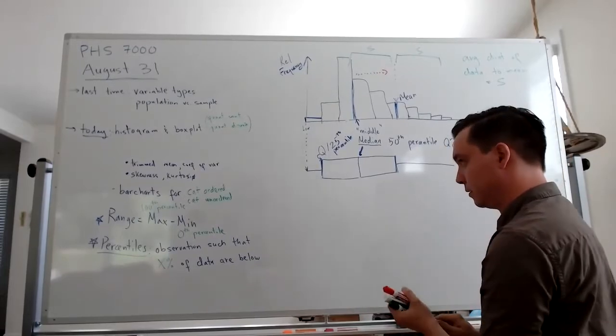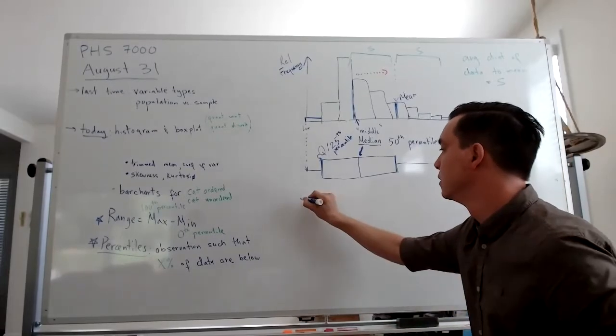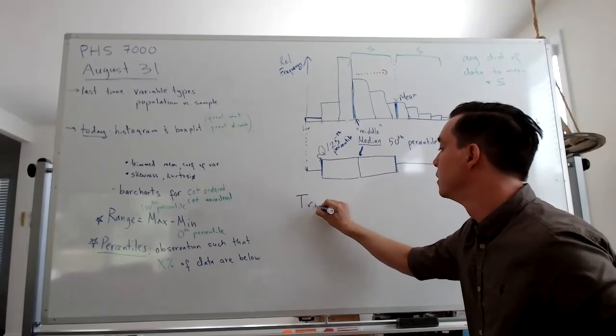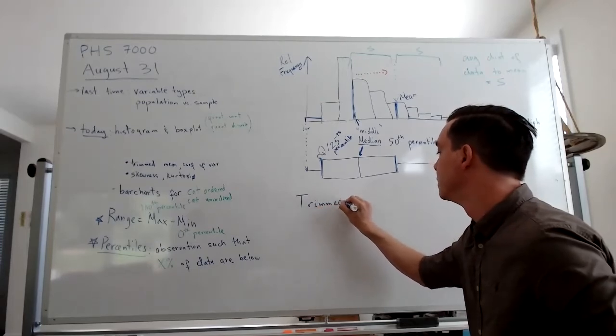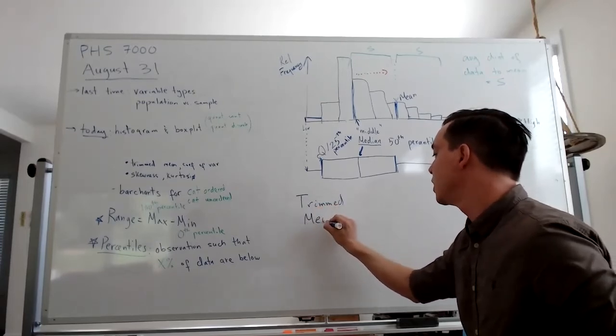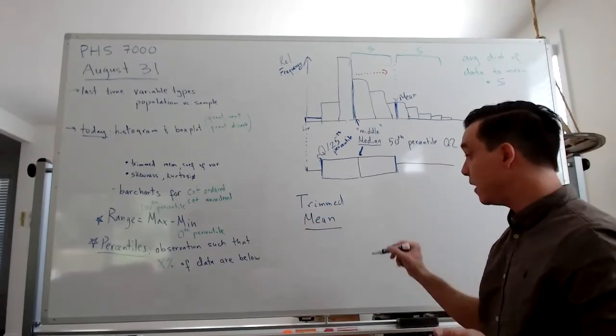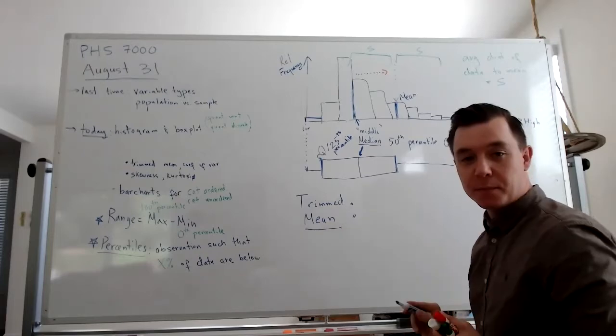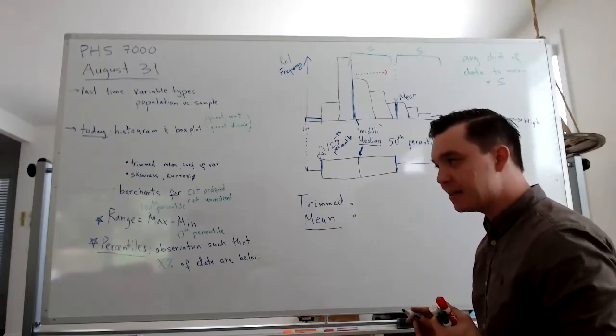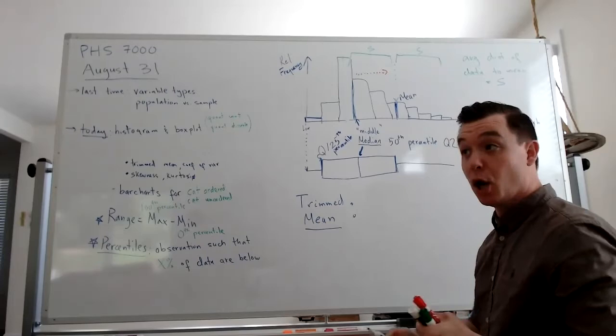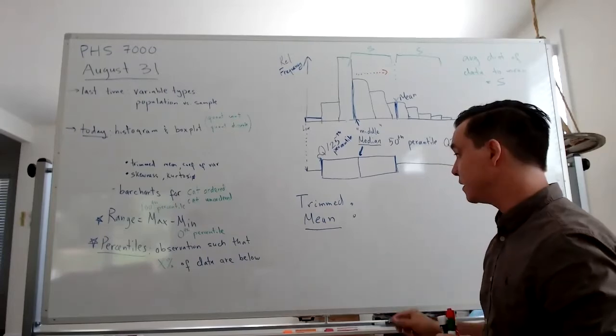Because it is well known that the mean is affected by outliers, then people say, well, if that's the case, I'm going to compute my mean without considering the outliers.